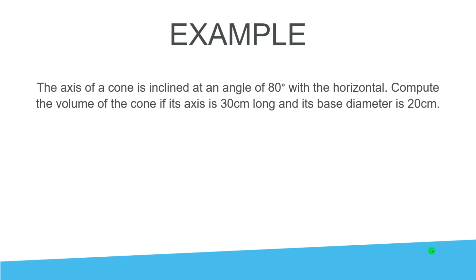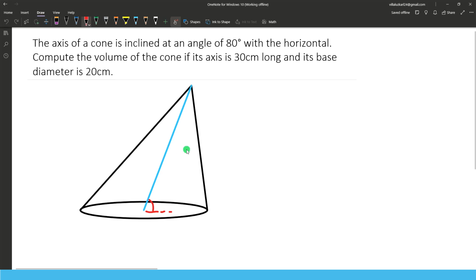The axis of a cone is inclined at an angle of 80 degrees with the horizontal. Compute the volume of the cone if its axis is 30 centimeters long and its base diameter is 20 centimeters. So let's draw the figure. We have an axis of 30 centimeters long.